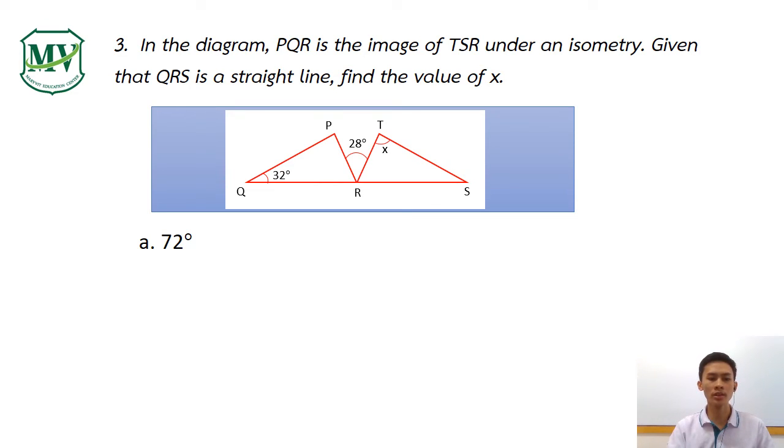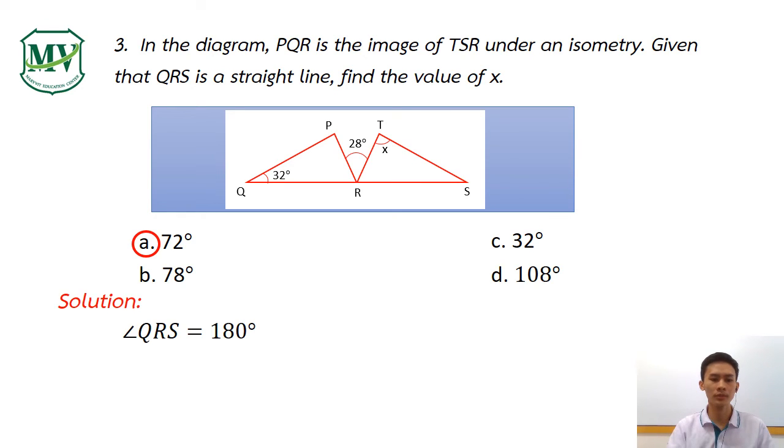The choices are letter A, 72 degrees, letter B, 78 degrees, letter C, 32 degrees, and letter D, 108 degrees. So the answer is 72 degrees. So why? Let's show the solution.